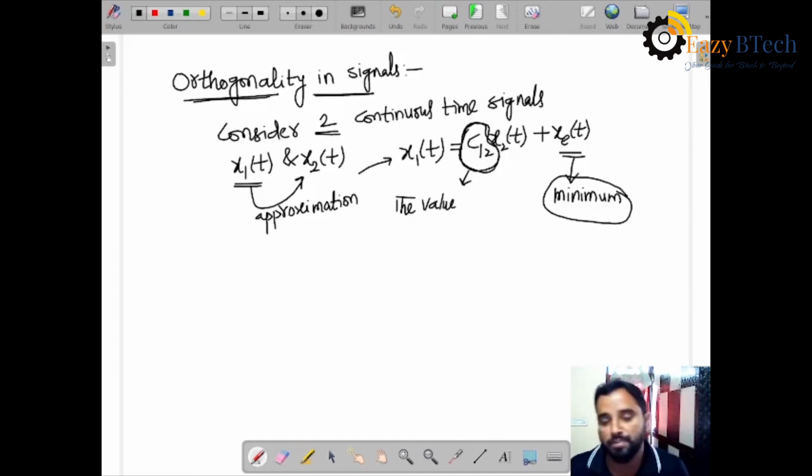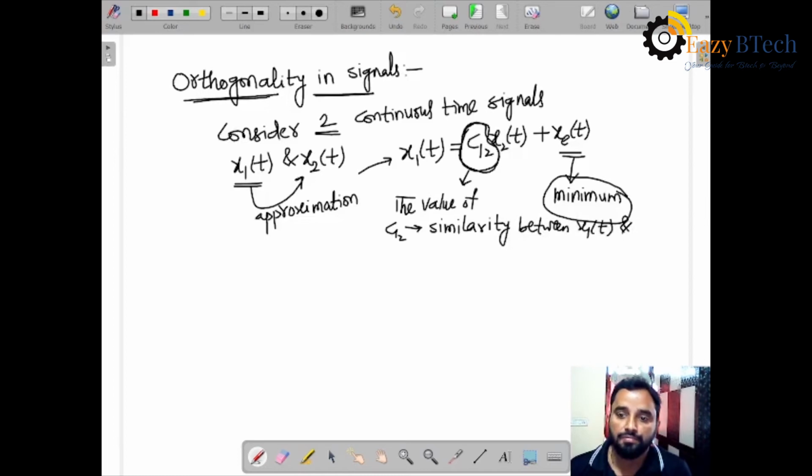Here it is the similarity between the two signals x1 and x2.